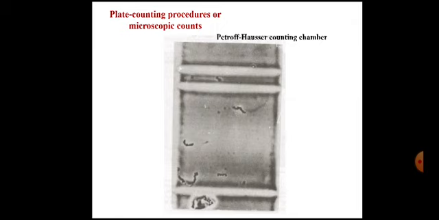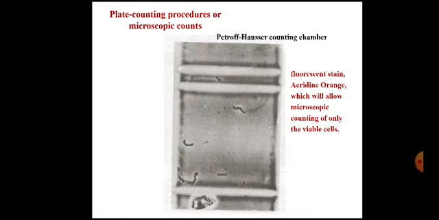One of the examples of counting chambers is the Petroff-Hausser counting chamber, in which a known volume of suspension is placed onto this slide, and then the cells are observed under microscope and the cell number is counted.